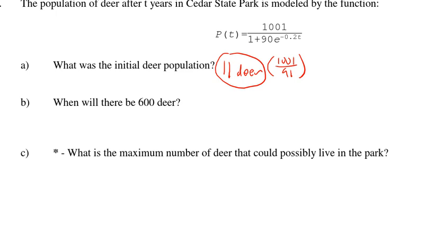I said ln 401 divided by 54,000. Nice. Divided by negative 0.2. Good. And how many years did that end up being? 24.514. Good. 24.514 years.